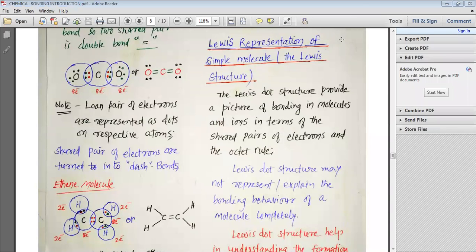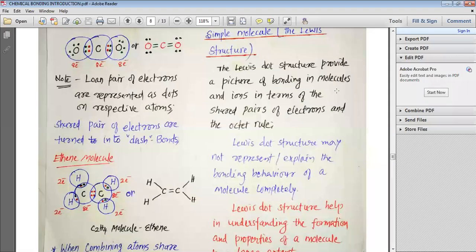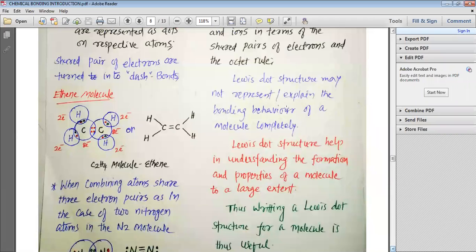Then let's move to the next topic, the Lewis representation of simple molecules, the Lewis structure. The Lewis dot structure provides a picture of bonding in molecules and ions in terms of the shared pair of electrons and the octet rule. The Lewis dot structure may not represent or explain the bonding behavior of a molecule completely.